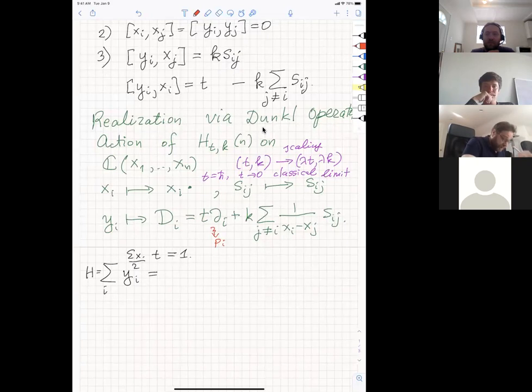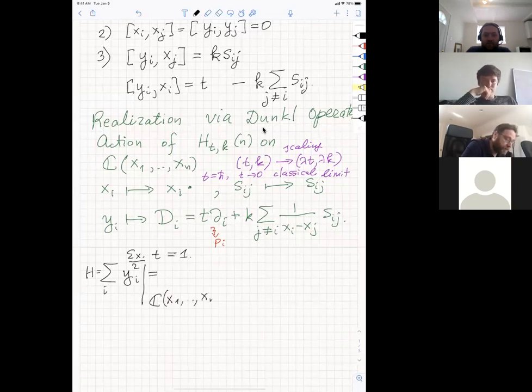Okay, but let me consider the quantum case, since I can rescale, I lose nothing by setting t to 1, and then H is going to be the sum of y_i squared. And then I'm going to restrict it to invariant polynomials, invariant functions, symmetric functions.